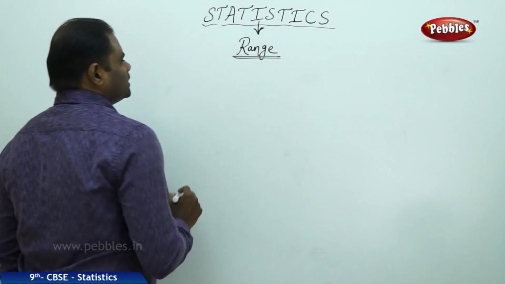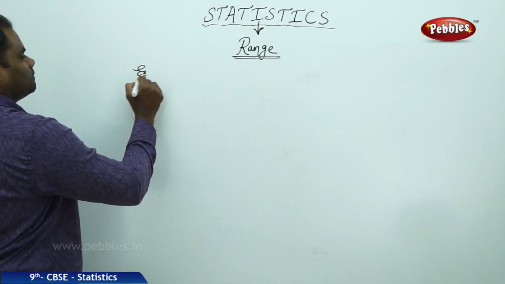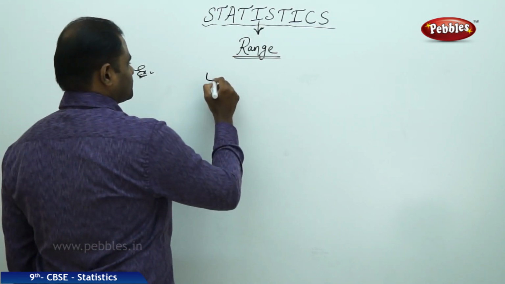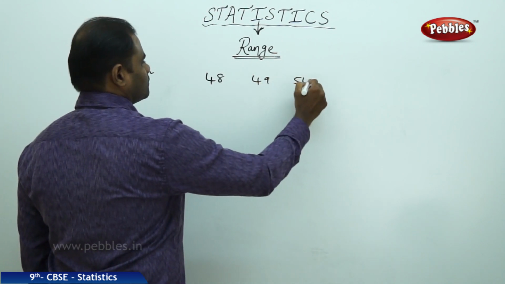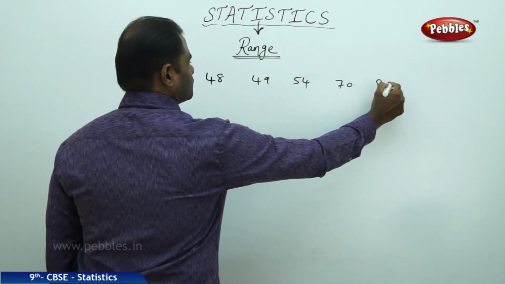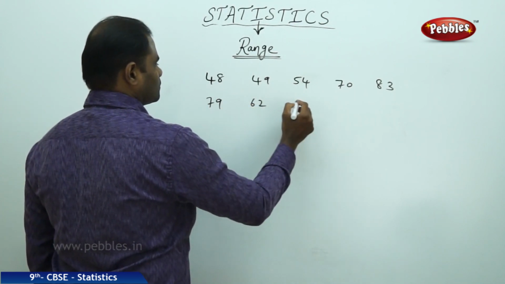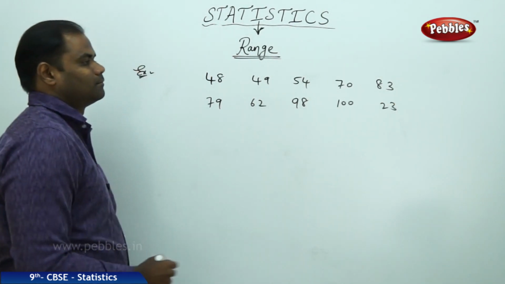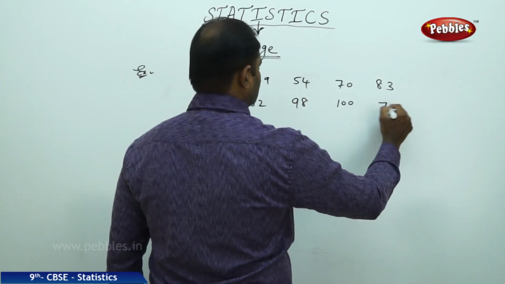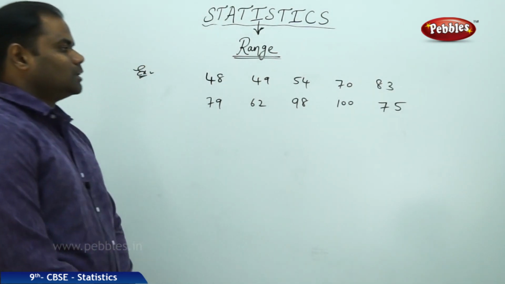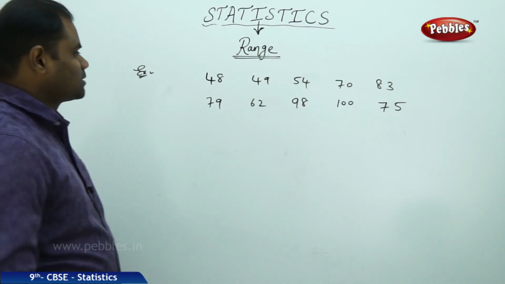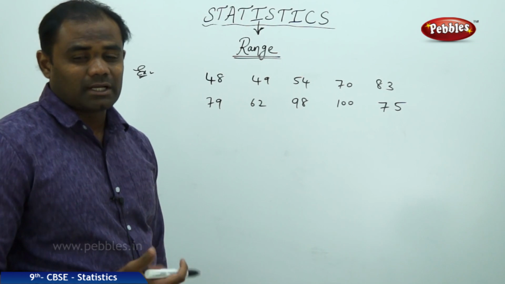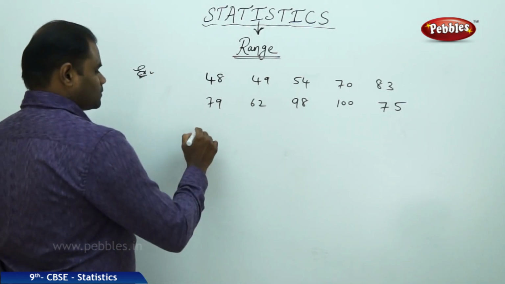Say for example, I have the marks of 10 students in the class, with all the marks listed here, which is the raw data. Let's understand what the range is.